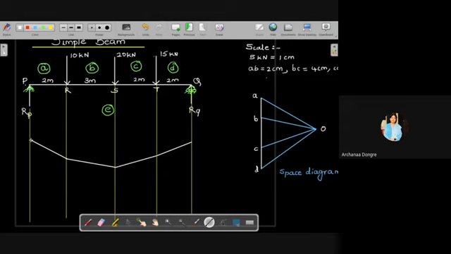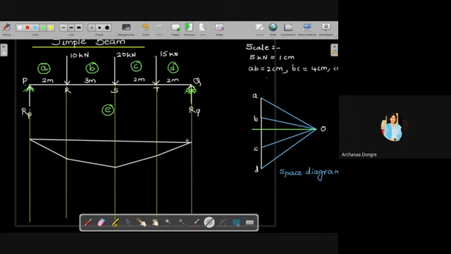Now we have to close the polygon. Close it. So here we have closed the polygon. This polygon is between P and Q. Now that we have closed it, we have to draw a line parallel to this line from point O. So it should come parallel to this particular line.